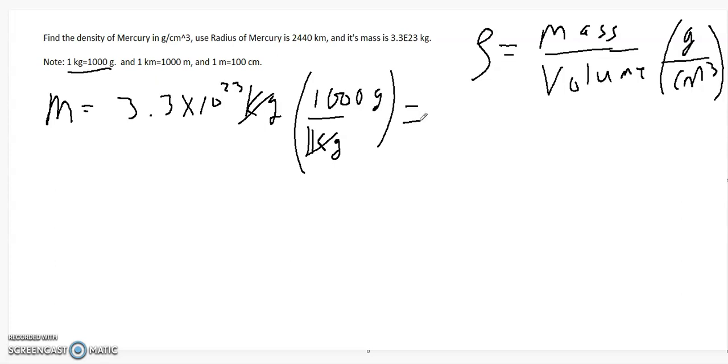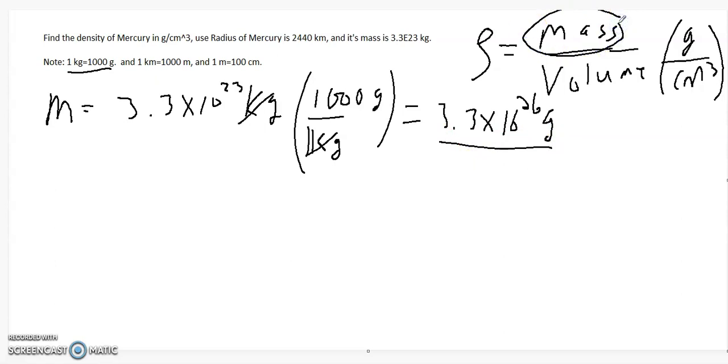You just add the exponents, 10 to the 23rd plus 10 to the third. So this becomes 3.3, that doesn't change, but now it's times 10 to the 26th grams. Very nice, so now we have the mass.